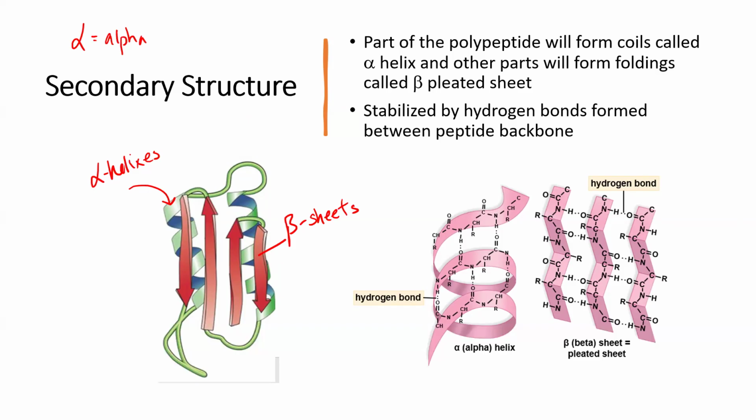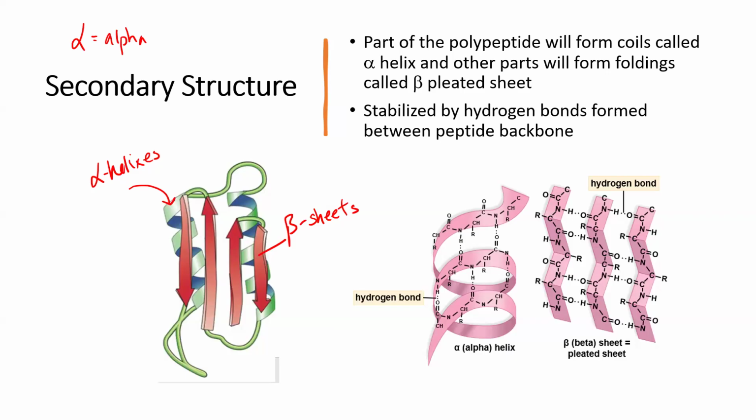And these hydrogen bonds are formed between the backbone. Remember before the break, I highlighted the yellow part for you? That's the backbone. That's the unchanging portion of the protein. Same thing for the zigzags. They are stabilized by the hydrogen bonds.